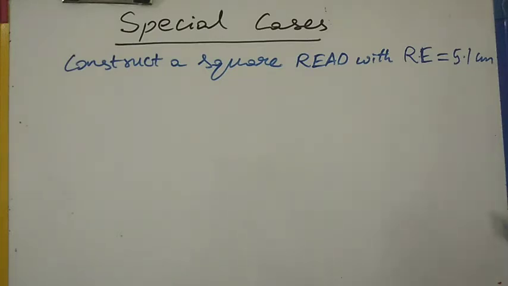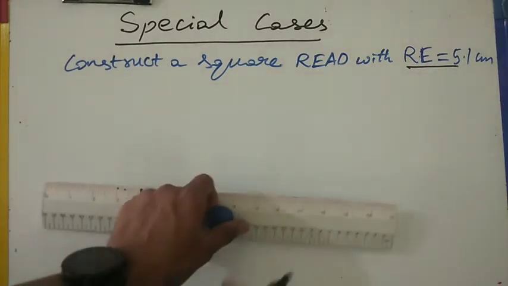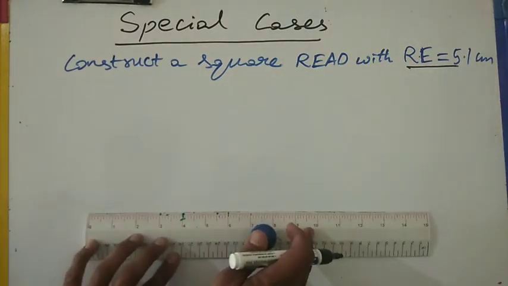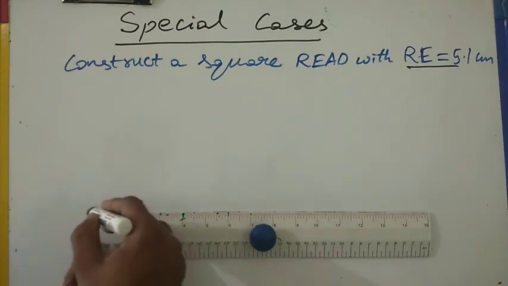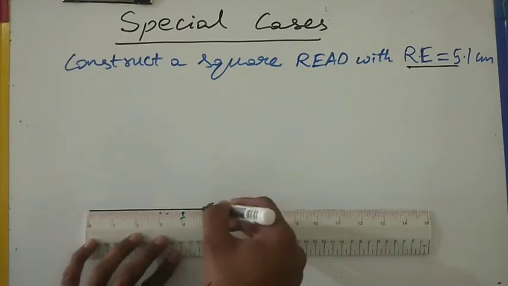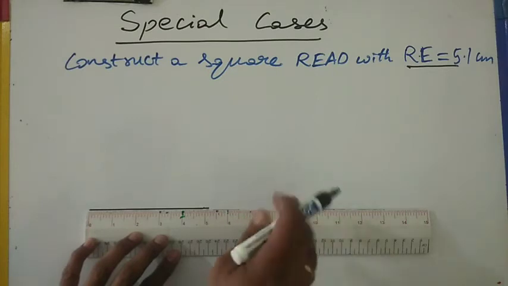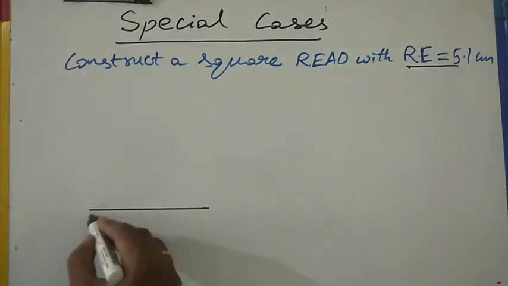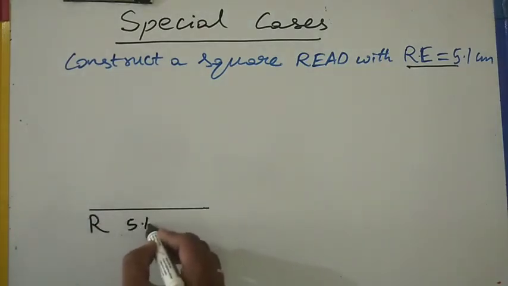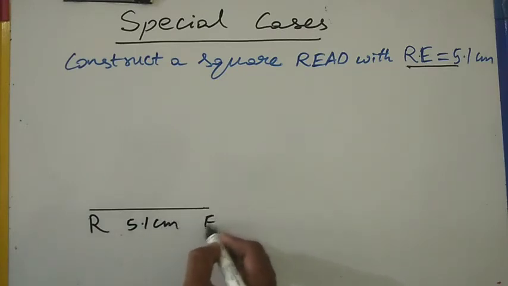See children, if I want to construct with just one side with the learnt properties of square, we can go ahead just drawing a side of 5.1 centimeter RE, now you know all the sides are equal and rest of the sides also you know, and each angle is 90.